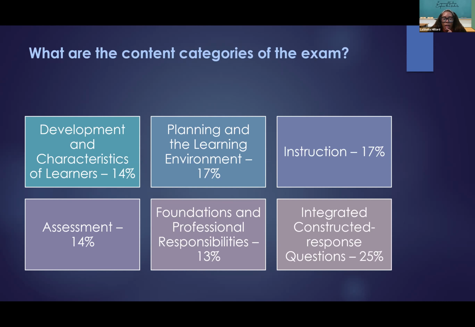And also I think it's on language and culture, like cultural responsiveness and the family system, the family dynamic for development and characteristics of the learner is on there. Definitely questions about English learners.